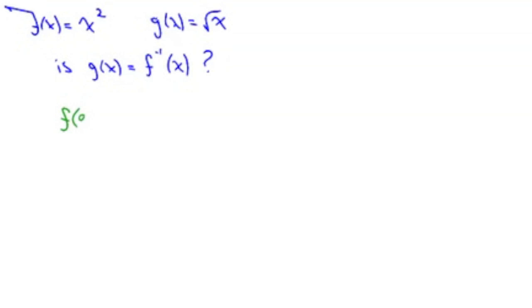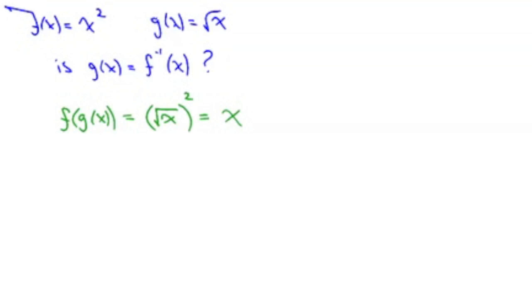f of g of x is equal to. What function do I concentrate on? f. f is something squared. What goes on the inside? Square root of x, which is equal to x.